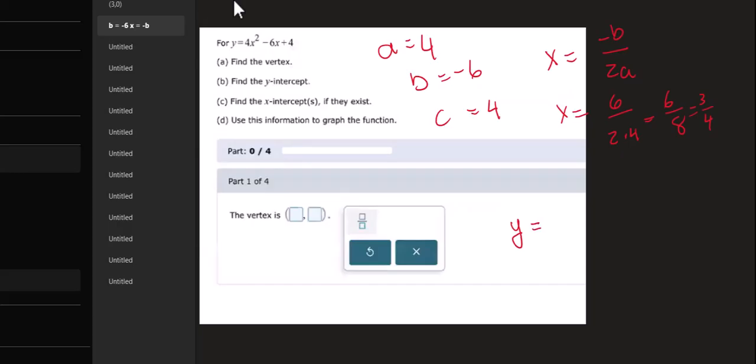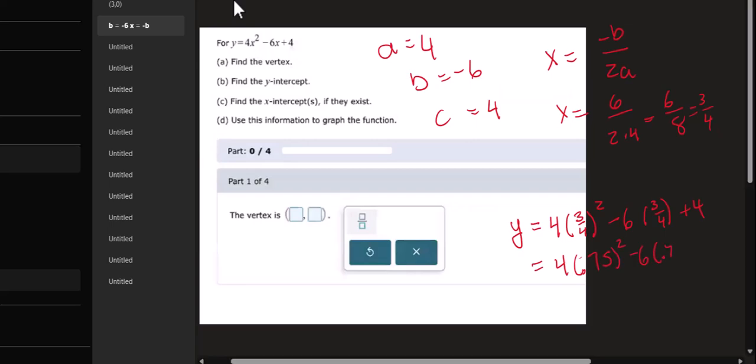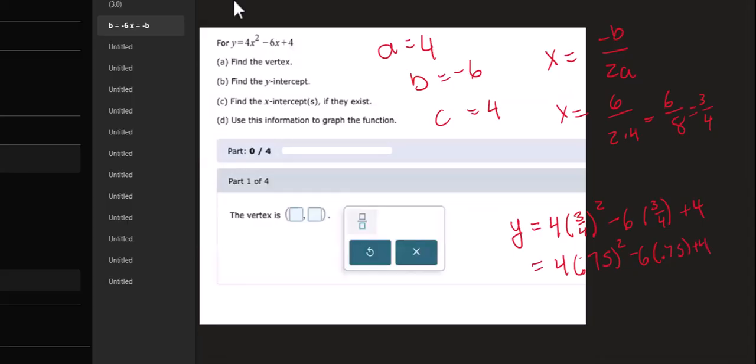Okay, and so then the y-coordinate is 4 times 3/4 squared minus 6 times 3/4 plus 4. If it says you have to give it as a fraction, then you'll want to make sure that you use these as fractions. If it doesn't, you can use decimals in your calculator. So that's 0.75 squared minus 6 times 0.75 plus 4.